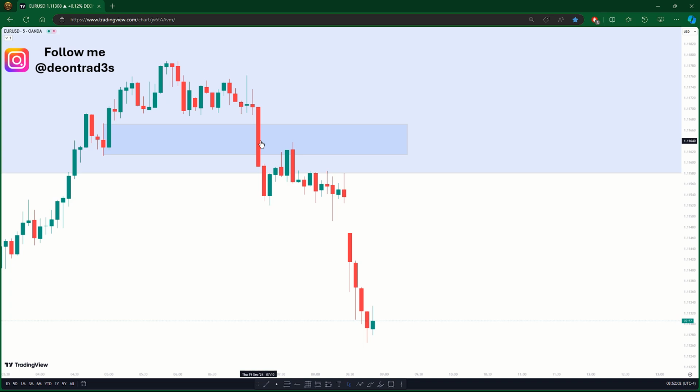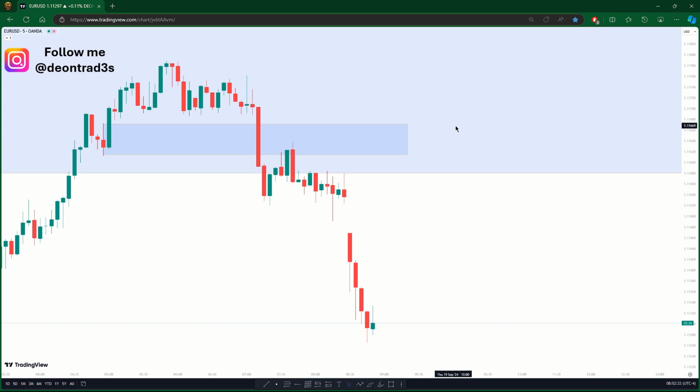Okay, so this tends to be high quality because of two confirmations. You have a breaker block, you have a fair value gap here, you have displacement, you also have the higher time frame POI, which is an order block.